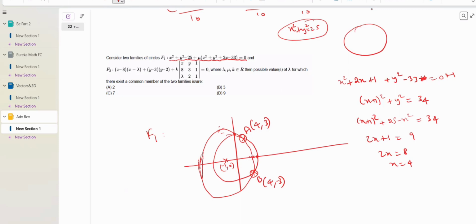Okay, so we discovered the first family. Now let's talk about the second family. How does the second family look? They took a first circle based on 2 points of the circle, and the second one is a line. So k times determinant of x, y, 1, 8, 3, 1, lambda, 2, 1.